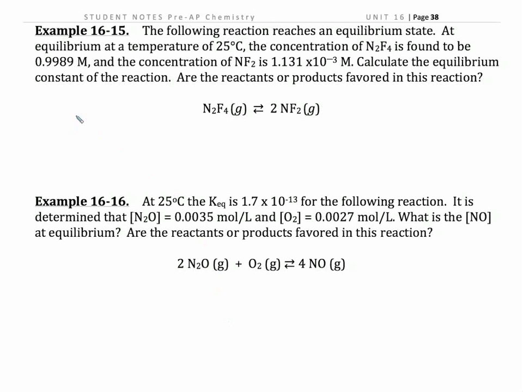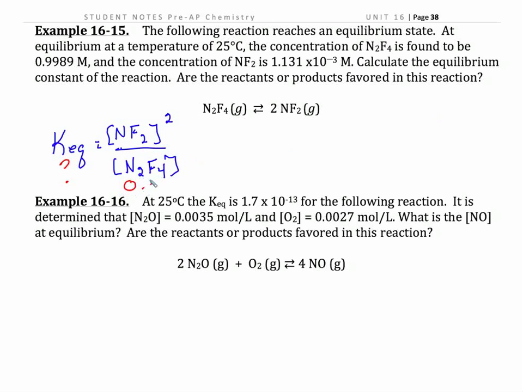Let's take a look. We're going to do 2 quick examples here. Whenever we do this, you always set up the expression without numbers first. So it's NF2 gas squared over N2F4. And the question says calculate the equilibrium constant. So this is my unknown.